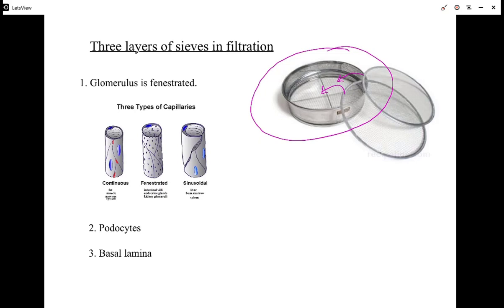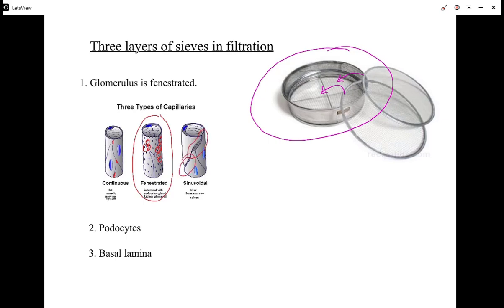To be fenestrated means to poke holes. So a fenestrated capillary is one that almost looks like small Swiss cheese. You can see here there have been holes poked in there, whereas a sinusoid has really big purposeful holes.